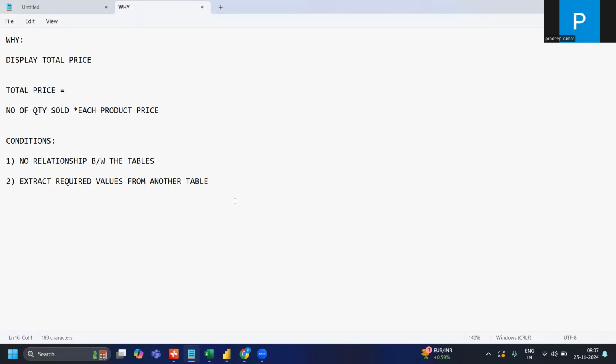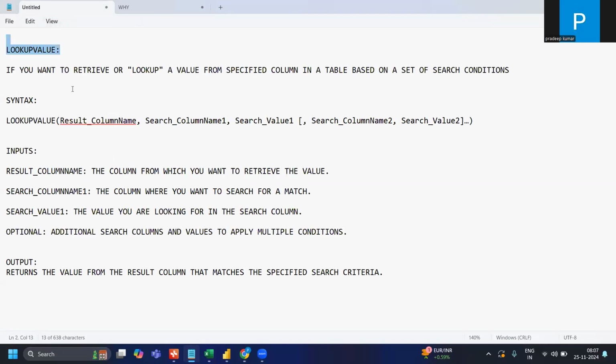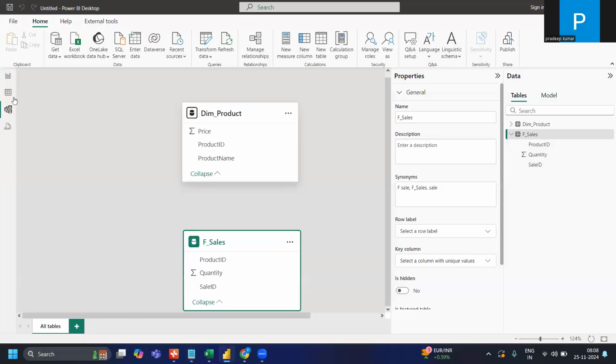So these are the two conditions. In that case, we have to go with the lookup function. Let me create a lookup. We need to extract the price column into the fact sales table.